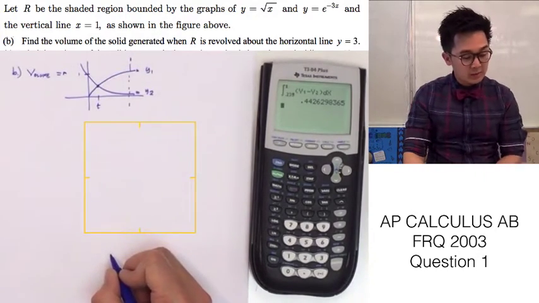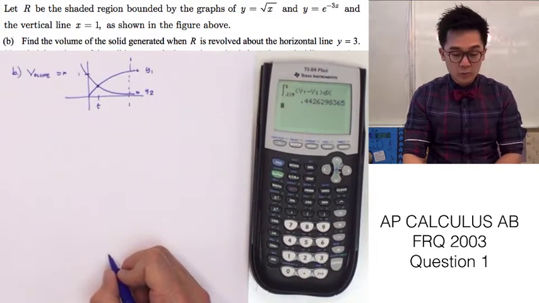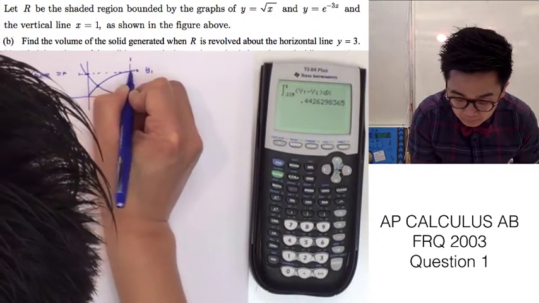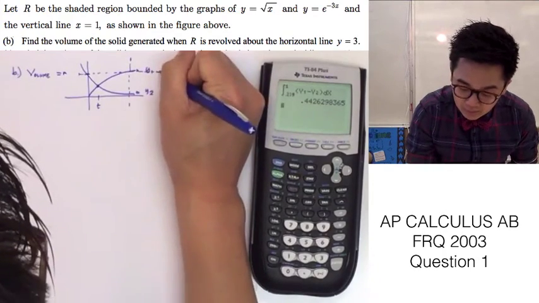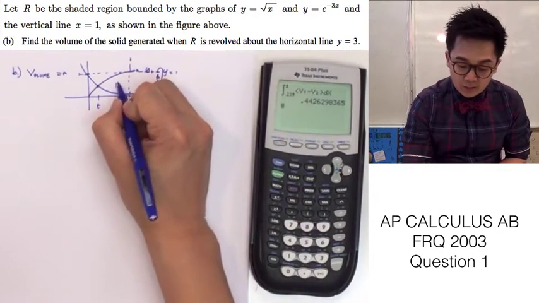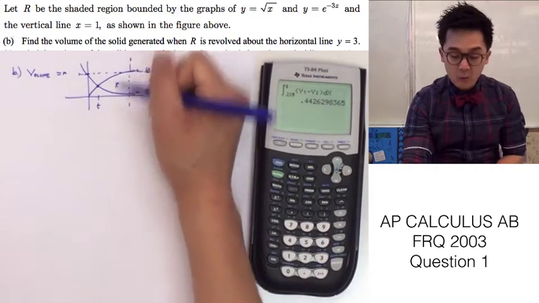In this case, our R is revolved about the horizontal line y is equal to 1. So this is y equals 1, and it's being revolved around y is equal to 1. If this is R, we have a solid with a hole in the middle.